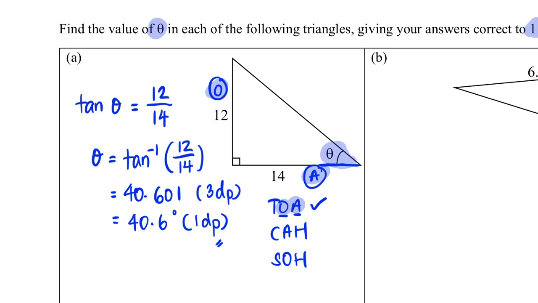So if you notice the approach, Mr. Tan always starts by writing down the 3 possible trigonometric ratios. Then I identify the sides with respect to the angle that we are finding before I decide which ratio I could use.